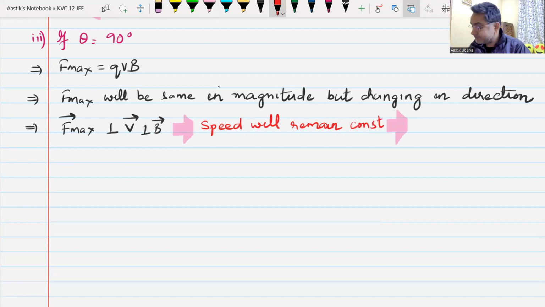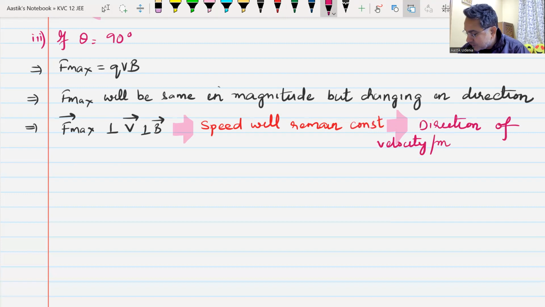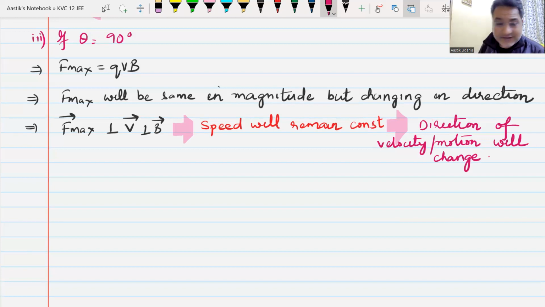Direction of what? Velocity. The direction of velocity, or the motion, will keep on changing, while the speed will remain constant.